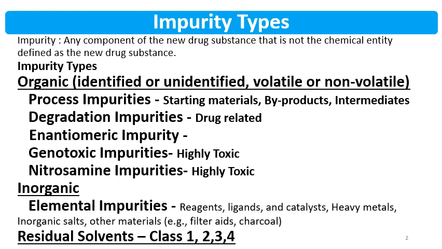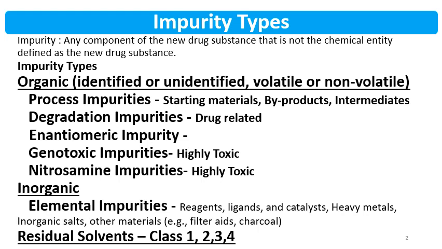Process impurities come from the starting materials, maybe byproducts, intermediates. If they are not taken out by the process, then they remain in the product or drug substance and are called process impurities. Then degradation impurities, these are drug related impurities. These may be formed due to storage conditions, due to aging, or these are the degradation products.